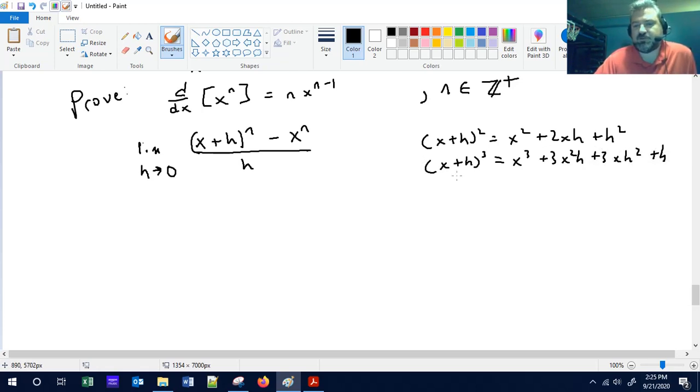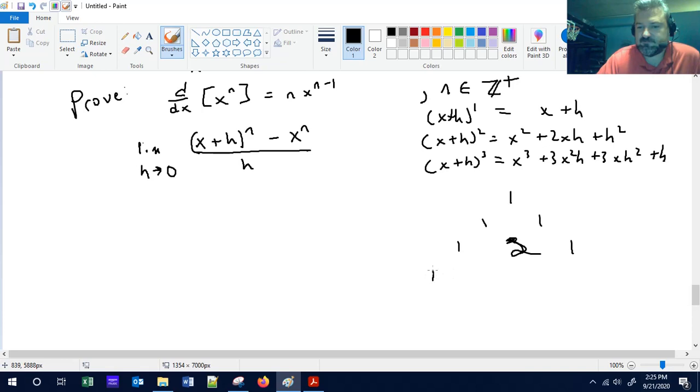And hopefully in your pre-calculus class you learned that these coefficients are actually values from Pascal's triangle. Even x plus h to the first is just 1x plus 1h, and even x plus h to the 0 would be just a 1.